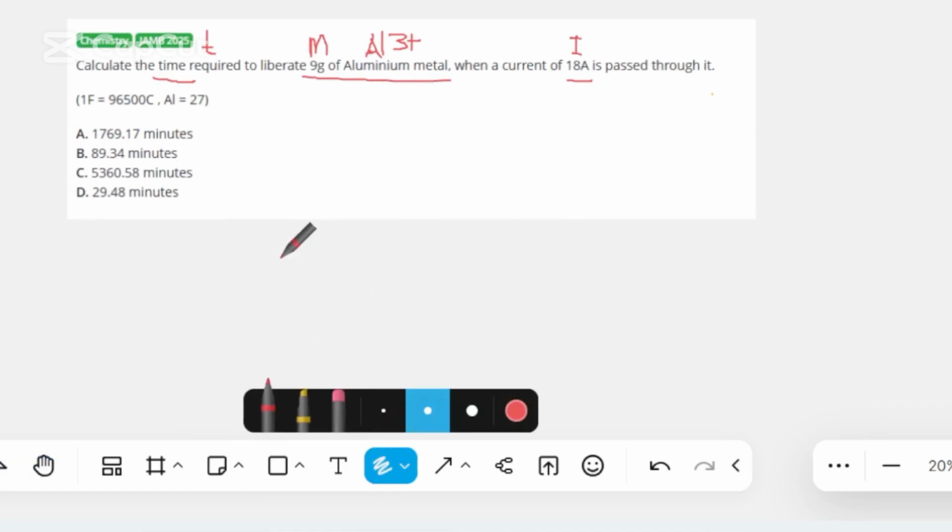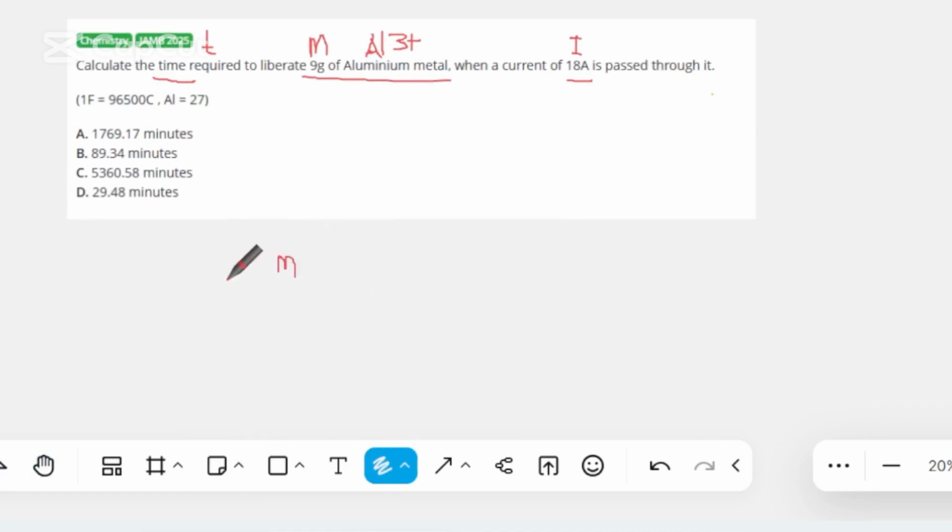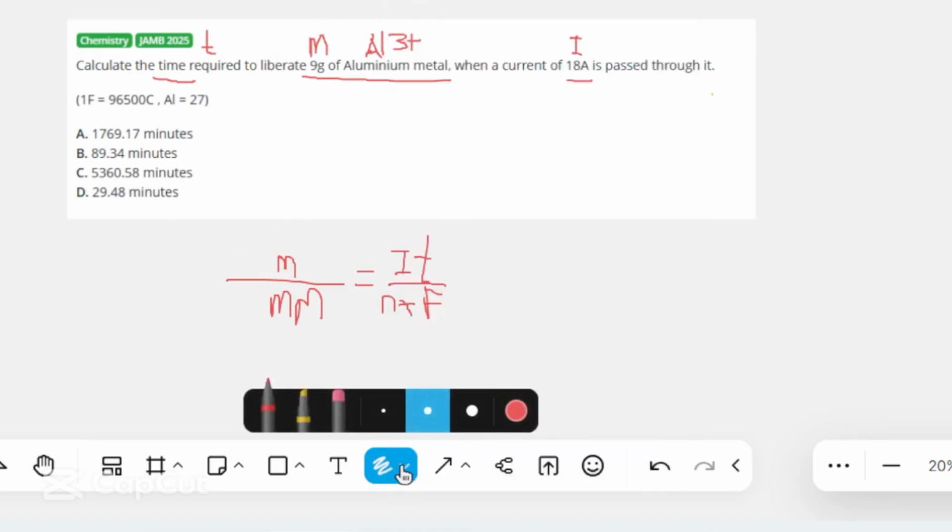Your mass given over the atomic mass of the metal, so you can write it as molar mass, equals the current times time taken over the number of faradays, which is the valency of the metal that you were given, times F, which is Faraday's constant. This formula will help you to solve many questions on Faraday's first law of electrolysis.